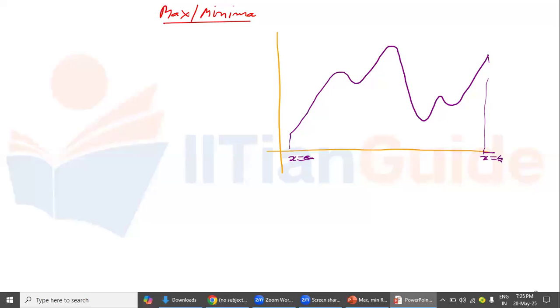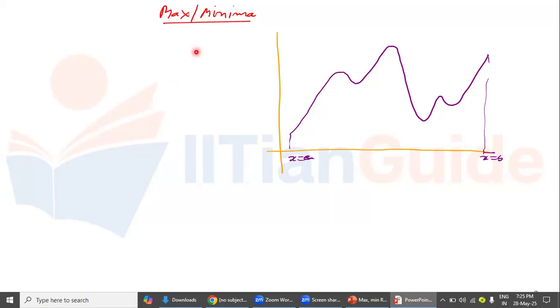So what we observe, the function has a maximum value at this point, and a minimum value here. It has one maximum value and one minimum value. Of course, maximum and minimum will be only one.